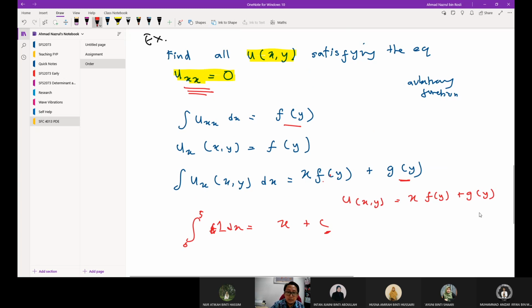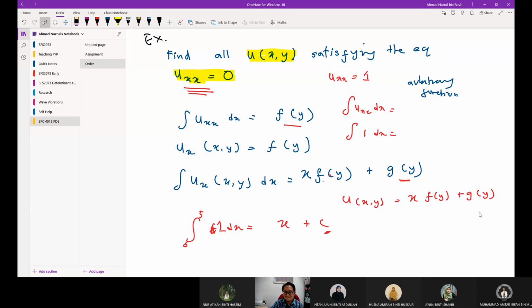Dia berbeza kalau uxx equal to 1. If uxx is equal to 1, if you integrate uxx dx, you can get apa value dia? If uxx equal to 1, kalau integrate dapat apa? Integrate 1 dx lah.